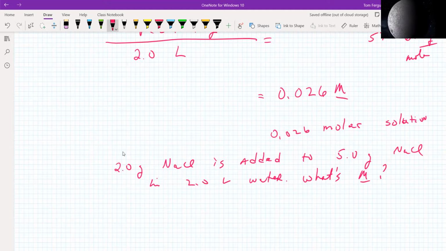You get 7 grams from the part for the mole, all of the liters.